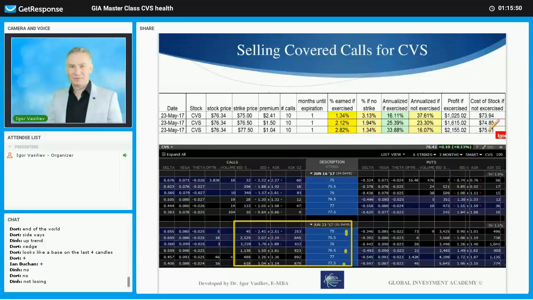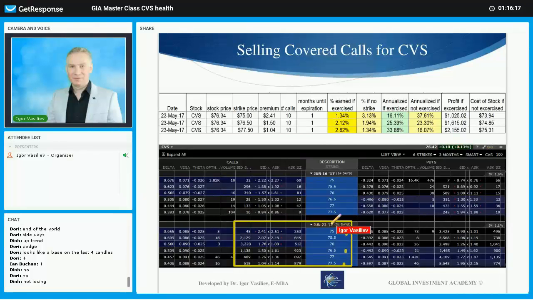But remember that each time you increase your strike price, your break-even price also moves up. So if in the first case it was 73.94, in the second case it was 74.85, and now it's 75.31. So it's only $1 below the current price. That's why, based on your own risk tolerance, you have to choose one strike price or another or the third.